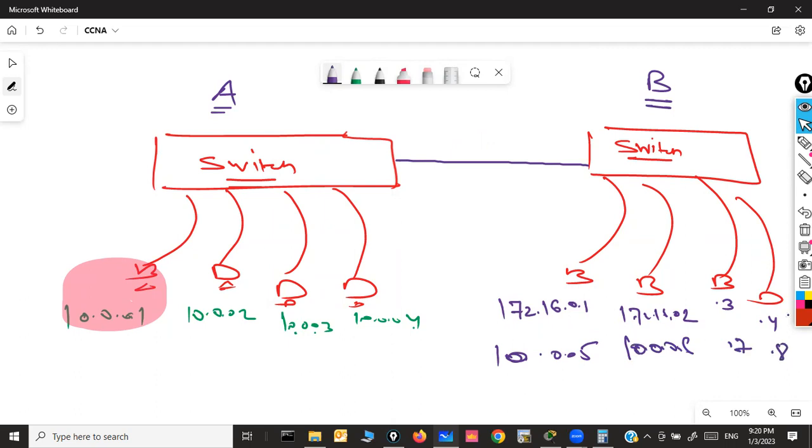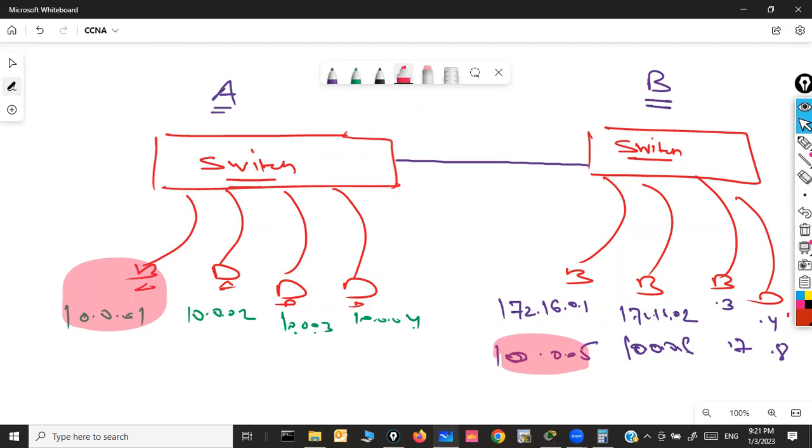This way, we wouldn't have to understand routing and other stuff. Yes, because if there is proper connectivity, then 10.0.0.1 would definitely communicate with 10.0.0.5, even though the computers are in two different regions, countries, or cities. But generally, we never do this, right?